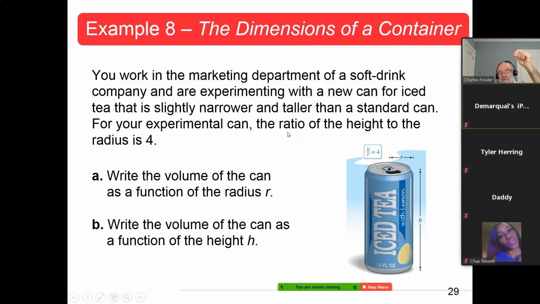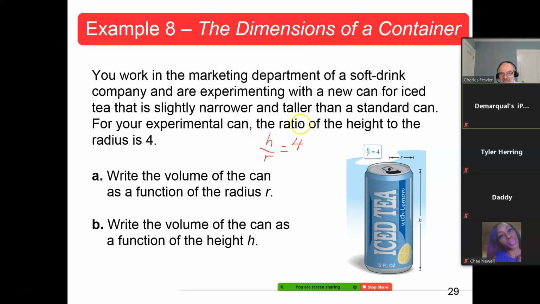Ratio is comparing two numbers in a division sense. So when we say the ratio of the height to the radius, that would be h divided by r. That's what the ratio of height to radius is, and it translates as an equal sign, 4.